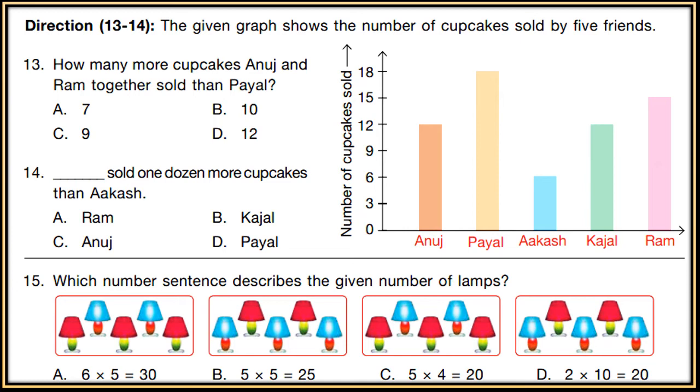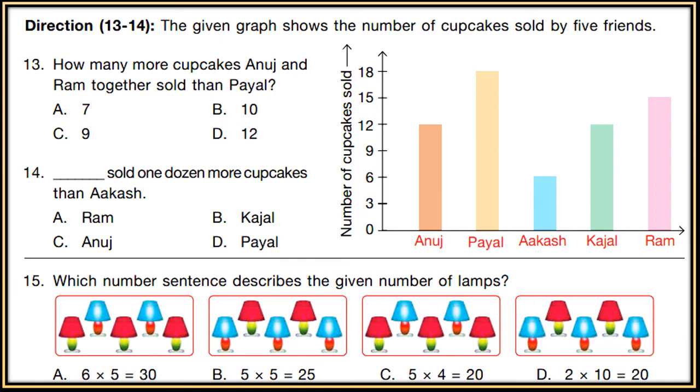Anuj sold 12 and Ram sold 15. So first add the cupcakes sold by Anuj and Ram and then find out how many more cupcakes Anuj and Ram together sold than Payal. So add the cupcakes sold by Anuj and Ram and subtract from the number of cupcakes Payal sold.